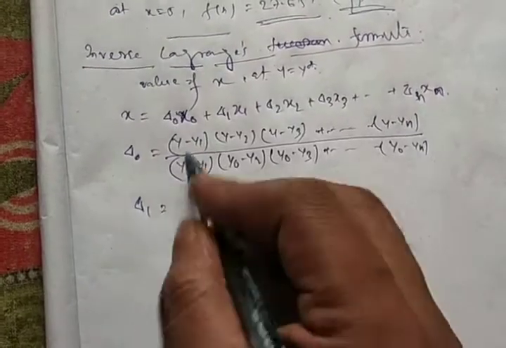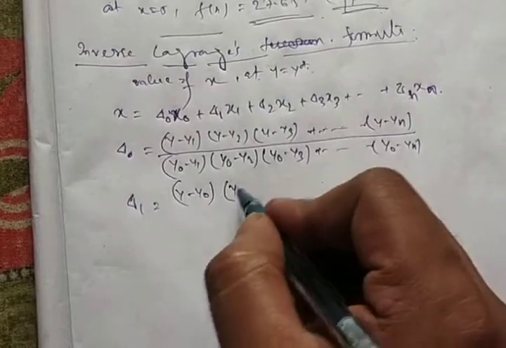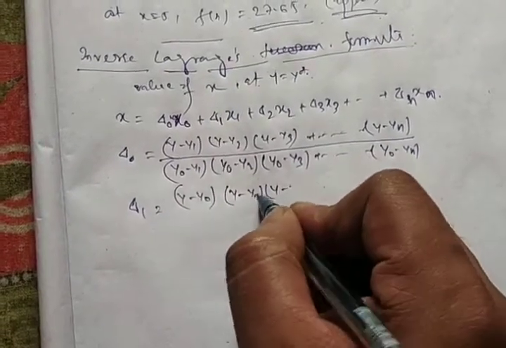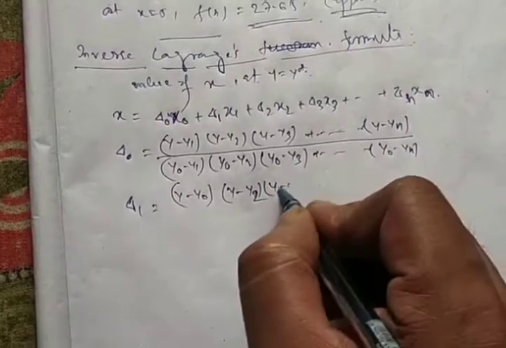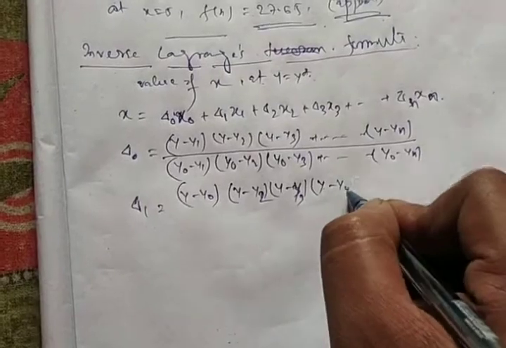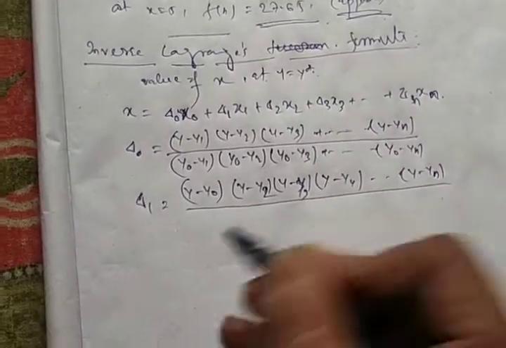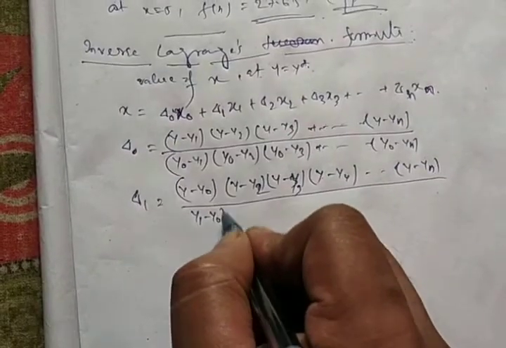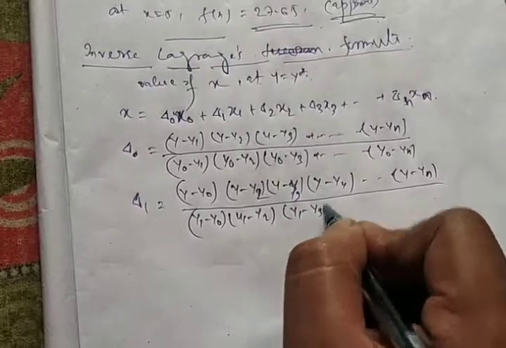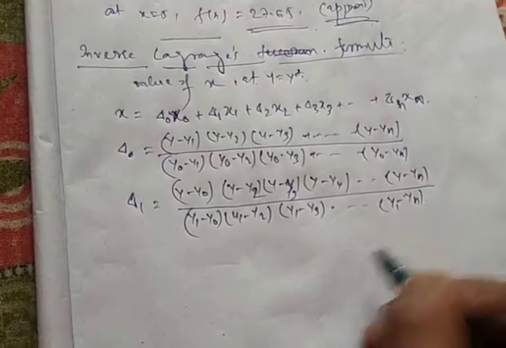Similarly, delta 1 equals to y minus y0, y minus y2, y minus y3, y minus y4 up to y minus yn divided by y1 minus y0, y1 minus y2, y1 minus y3 up to y1 minus yn.